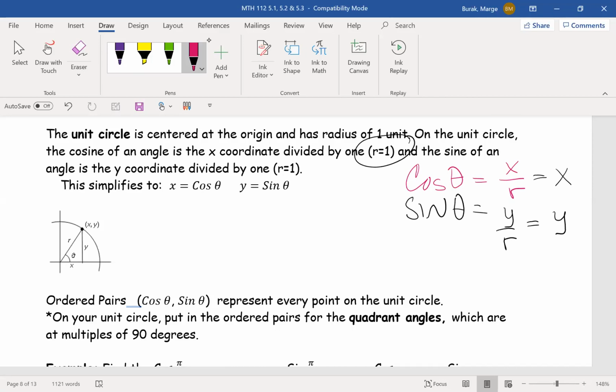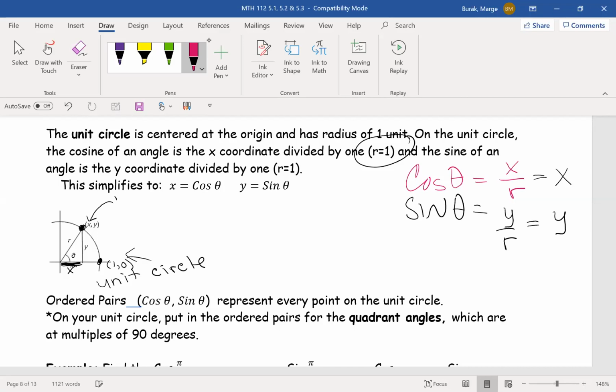So if this is the unit circle right here, then this point right here would be 1, 0. And this point right here is x, y. Well, the cosine of that angle is the x coordinate, or this distance.